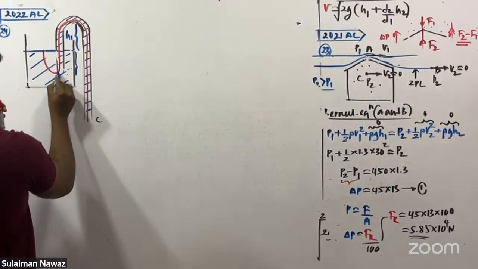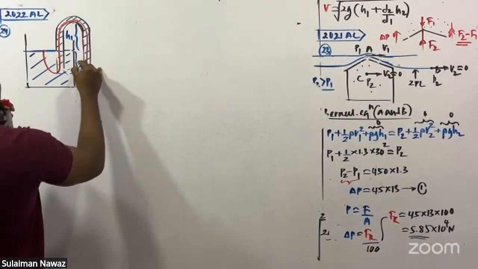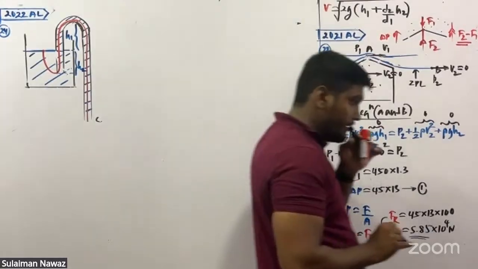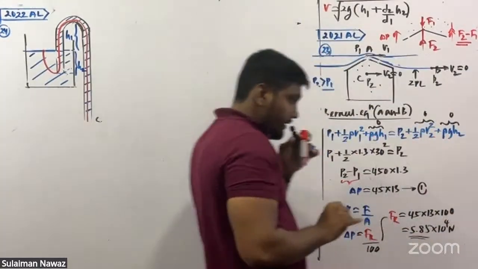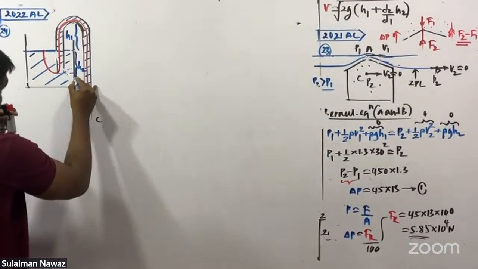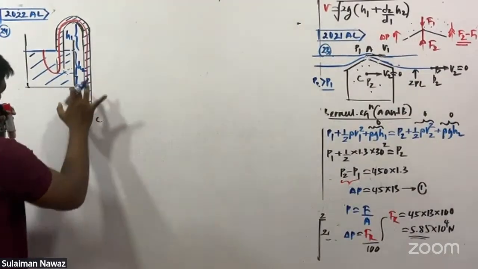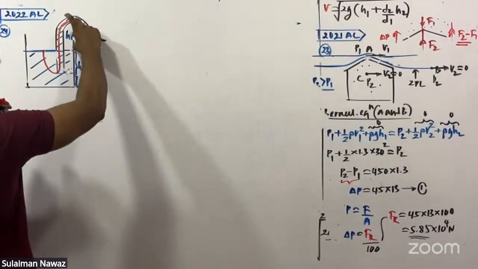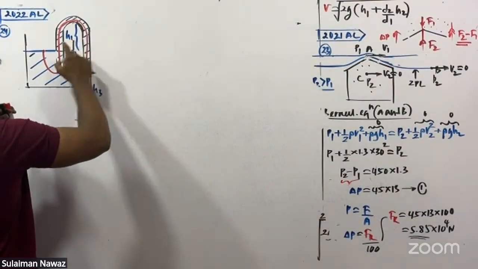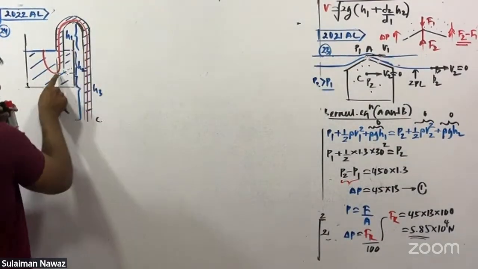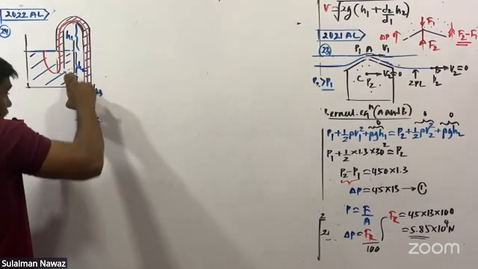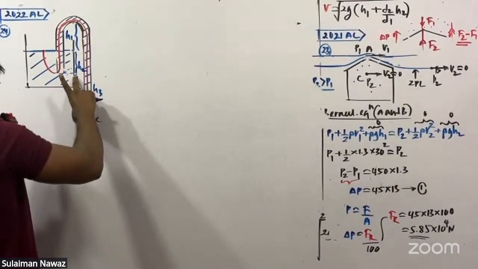This height is h2, and then this height is h3. This gap is h1. This gap is going to be h2, from the free liquid surface to the opening of this tube. From that gap to this tube gap, the gap is h3.